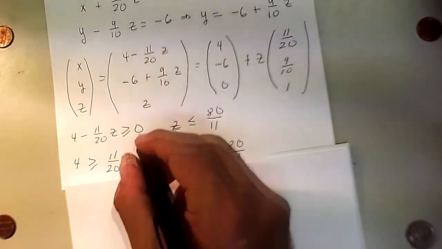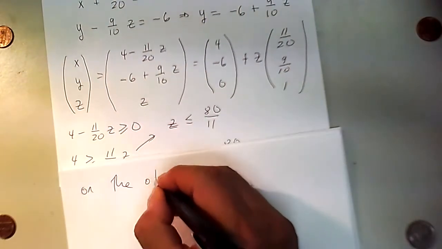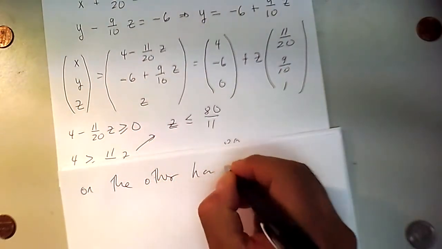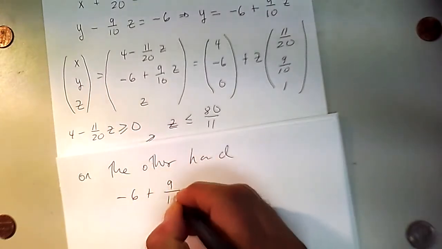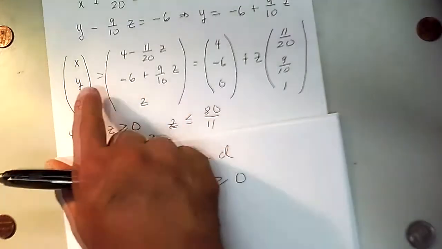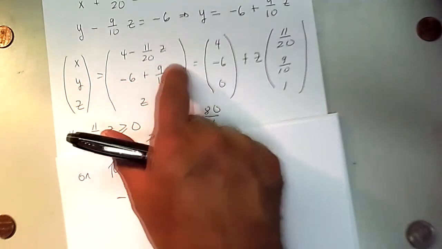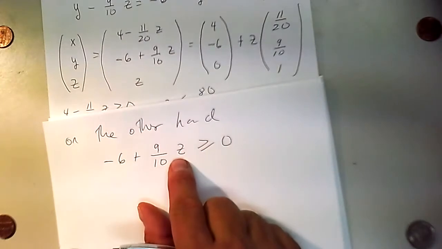On the other hand, negative 6 plus 9 over 10 z has to be greater than or equal to 0 as well. So the y has to be greater than or equal to 0. Okay, so that gives us further restrictions on the z.